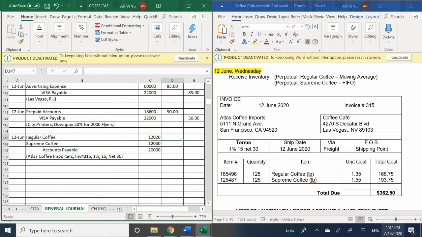Why can't I just use coffee and be done with it? Why do I have to go to regular coffee and supreme coffee? Because you have it set up in your chart of accounts as regular and supreme, and that's what you have to keep it as.